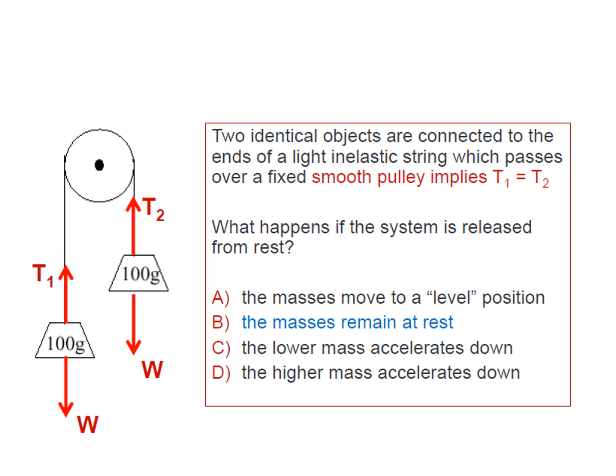So tension 1 and tension 2 will be the same number. These two things weigh the same. So the tension on this block and the tension on that block is exactly the same, so therefore they won't actually move at all. They'll remain at rest. Give yourself a little round of applause if you got that correct. And if not, you won't be the only one.